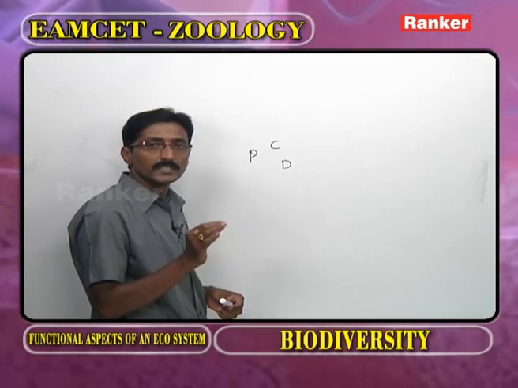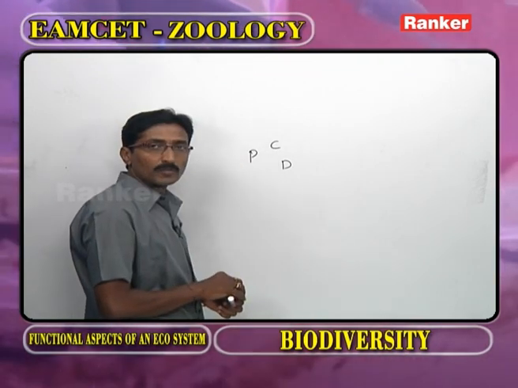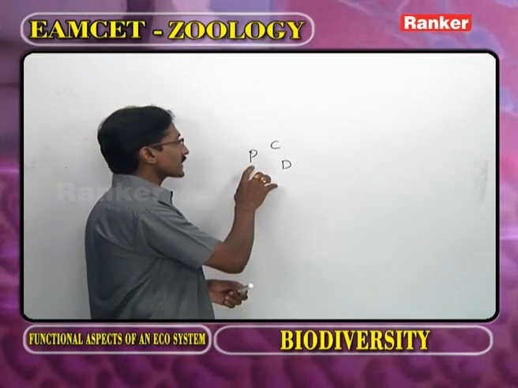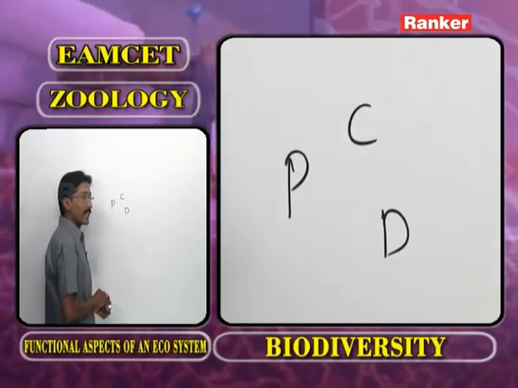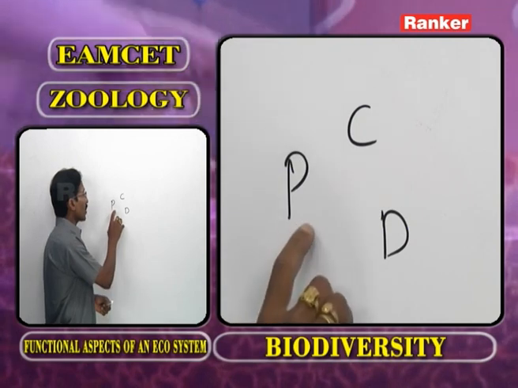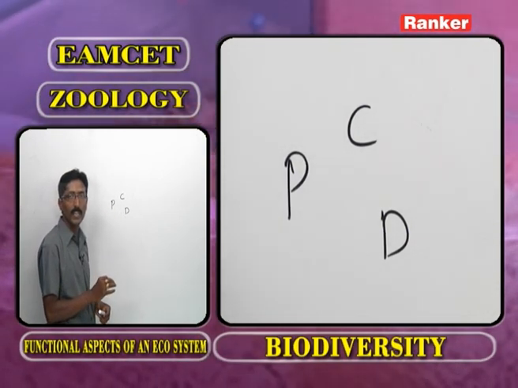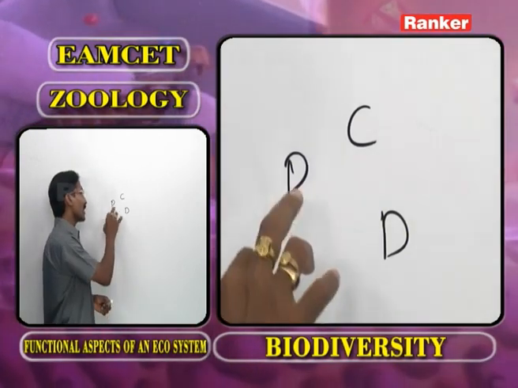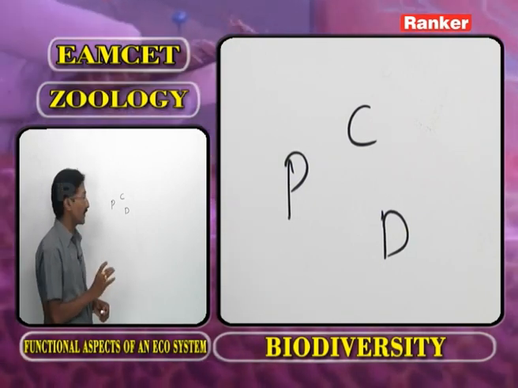Their role is significant, because they trap radiant energy and by photosynthesis prepare their own food material. Another example is the chemoautotrophs, which prepare their own food material by using chemical energy instead of radiant energy. As producers, the role of chemoautotrophs is not significant.